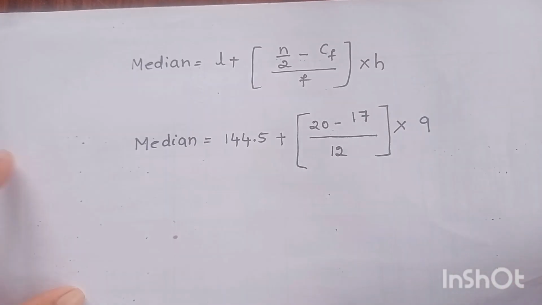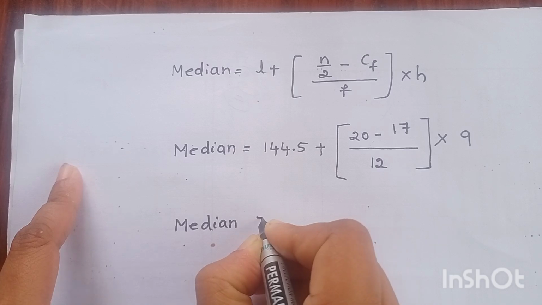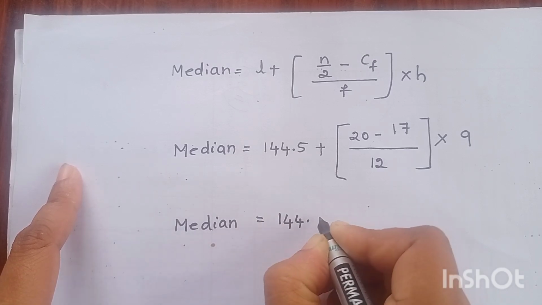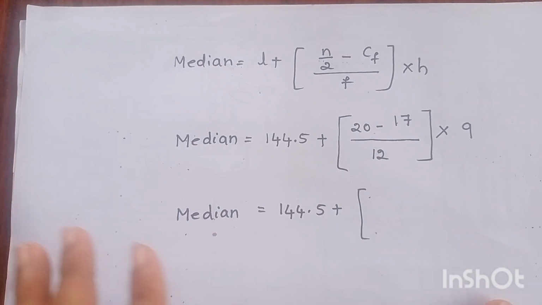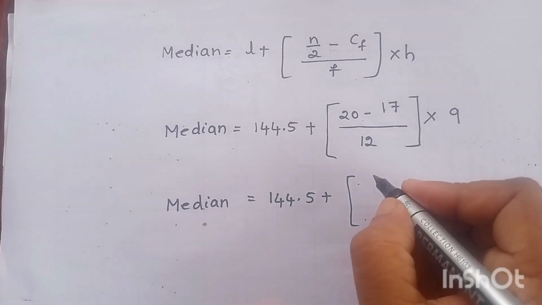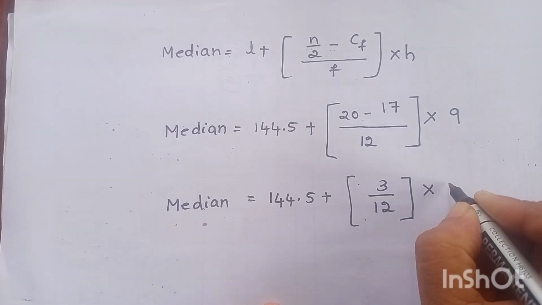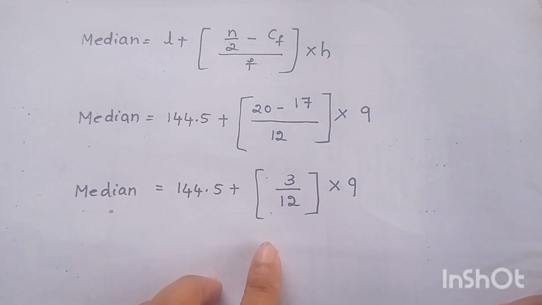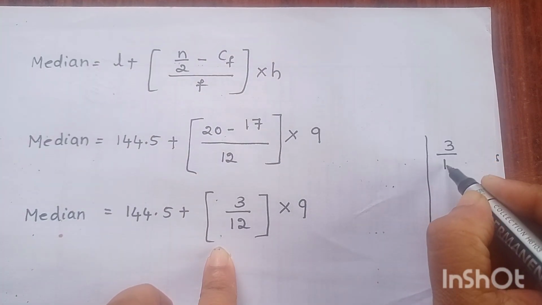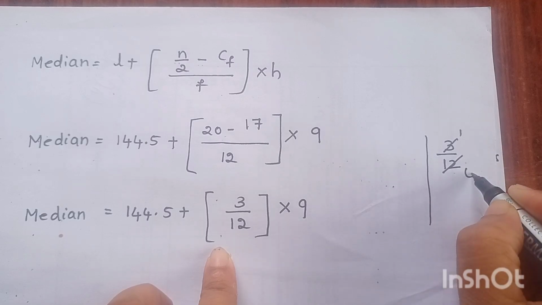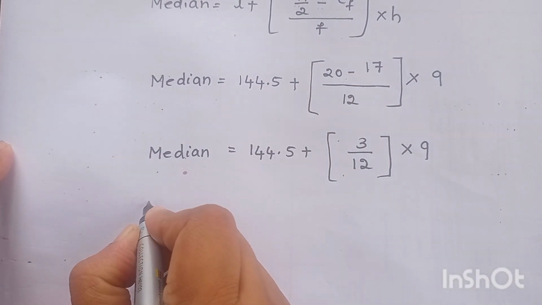Now let us solve this. Median is equal to 144.5 plus 20 minus 17, which is 3, divided by 12, into 9. Now, 3 divided by 12: 3 ones are 3, 3 fours are 12, so it becomes 1 by 4.